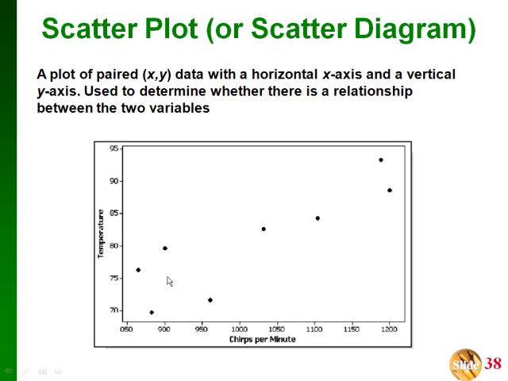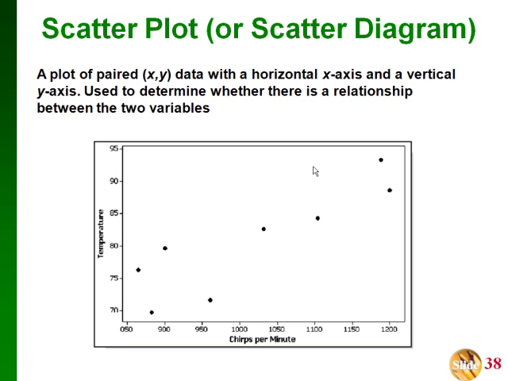And we also have scatter plots. Use a scatter plot when you have two different variables. So we have one variable on the horizontal axis, another variable on the vertical axis, and we're basically just plotting points. So for example, a point down here might represent having 880 chirps per minute and the temperature being 69 degrees.